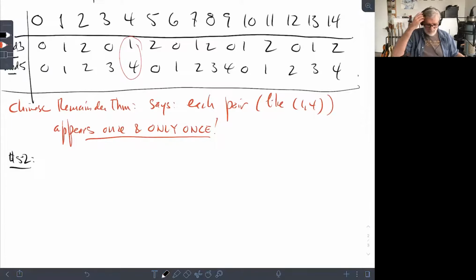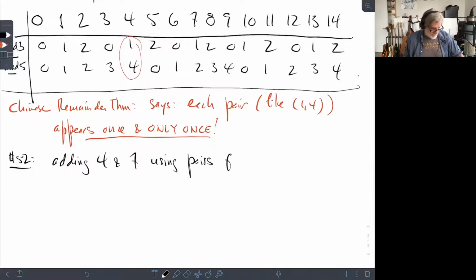And this is a good example. It says, explain how to use the pairs found in exercise 51 to add 4 and 7. These are very small numbers, but keep in mind that rather than having 15, it could be a humongous number, and we could have more than just two primes.